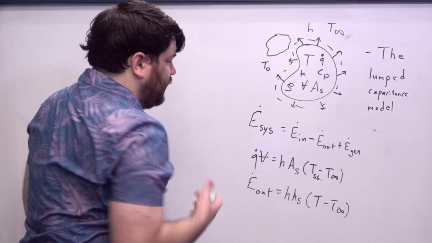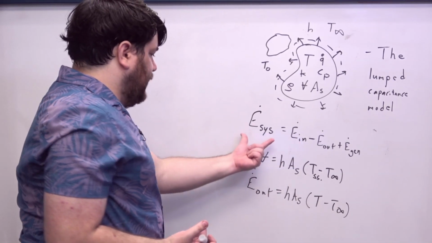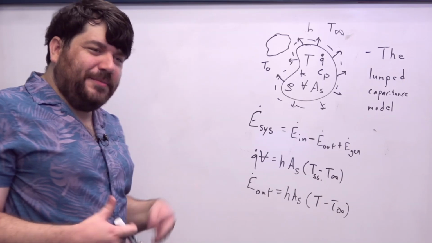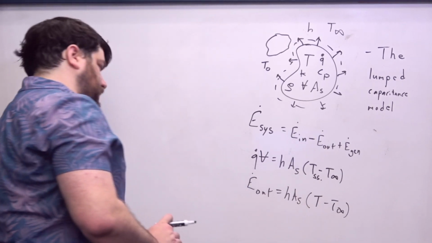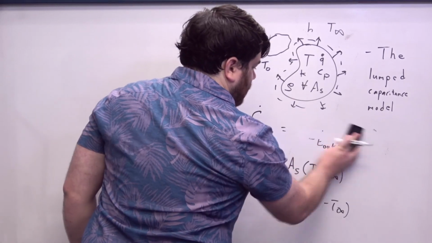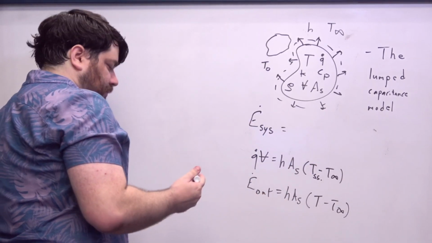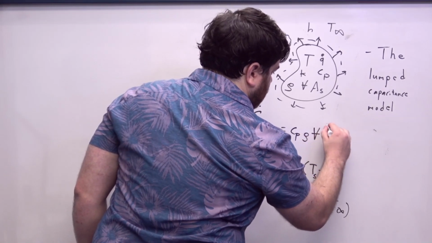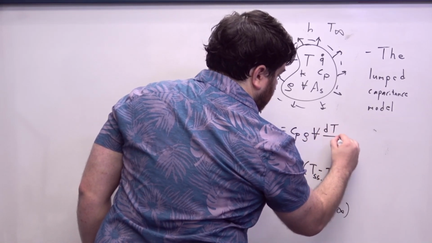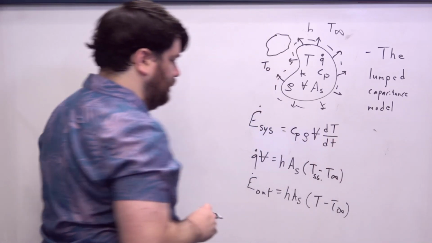We assume that nothing is going inside, and this rate of change of the energy of the system is exactly the same as what it was before. Right? So this E sys term is just Cp rho times the volume times the derivative of the temperature with respect to time.